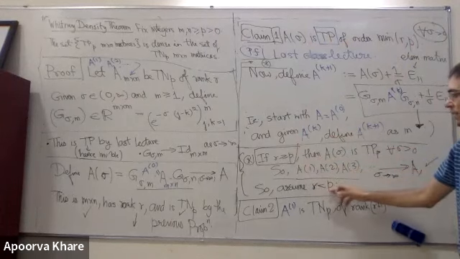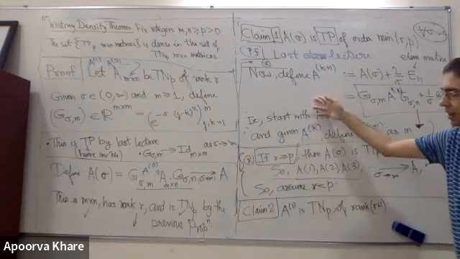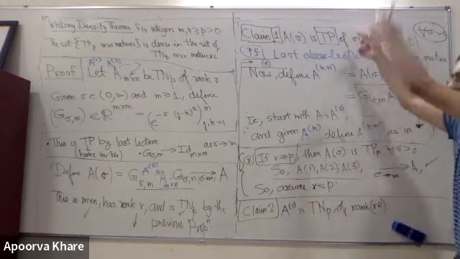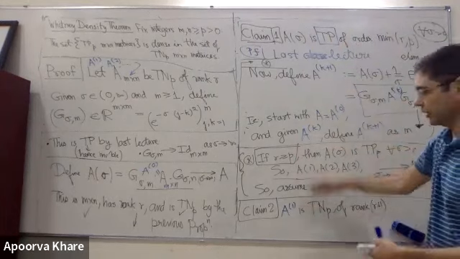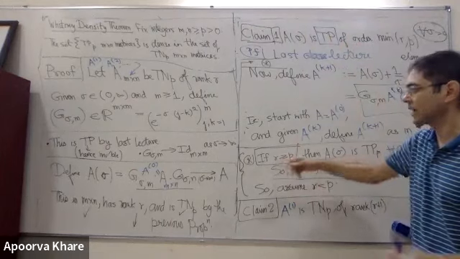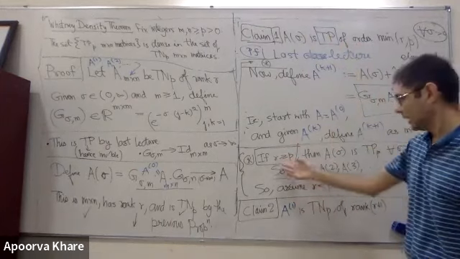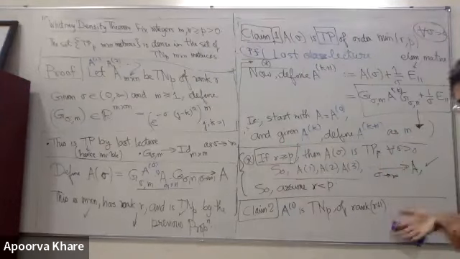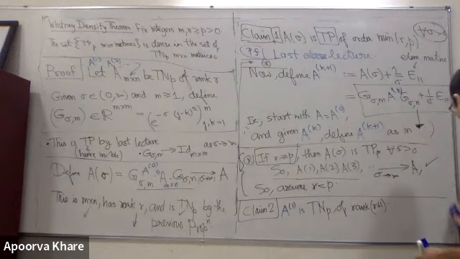If r plus 1 is less than p, then I define A of 2. I claim A of 2 has rank r plus 2. Then I again do the same thing. If that doesn't work, I do A of 3 and keep going. At some point, since the rank keeps increasing, r plus 1, r plus 2, r plus 3, it will keep increasing to a number beyond p. And then I am done. So that is the argument. So basically, I need to prove the claim, and that's about it.